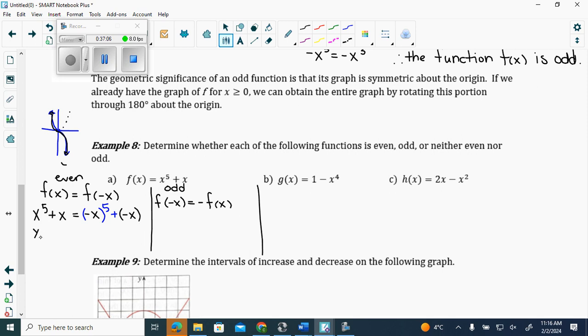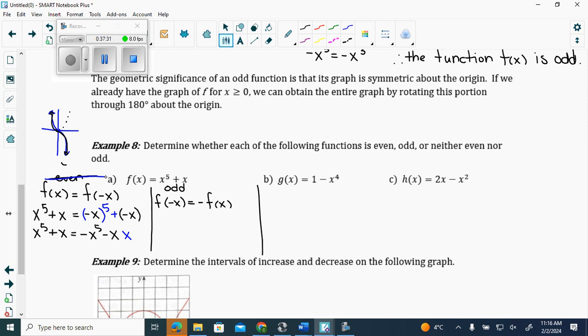So here I get x to the 5 plus x, it's just f of x. And then here I get negative x to the 5, what's that? Negative x to the 5 minus x. Do they match? So that's supposed to be blue, not even. Correct?